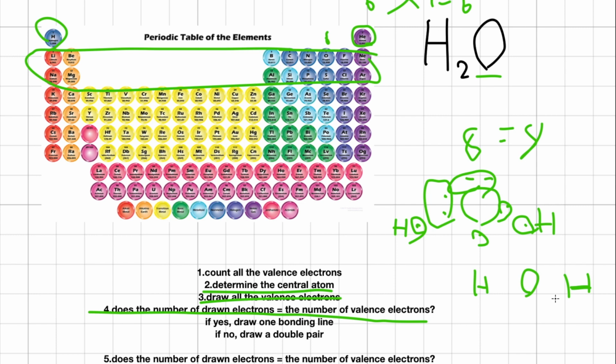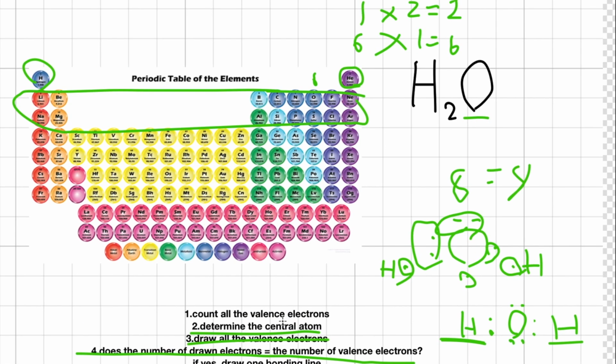Now, when atoms share electrons, it counts for both of them, which is really nice. So then what we do is we draw all the valence electrons. So now oxygen has 8 electrons, which makes sense because there's one from hydrogen and one from the oxygen atom. There's one from hydrogen this one and one from hydrogen this one, which is very nice of the atoms.